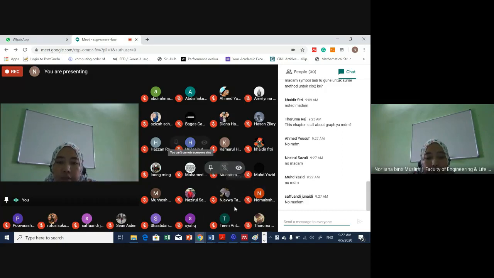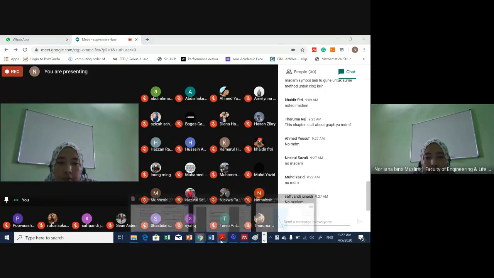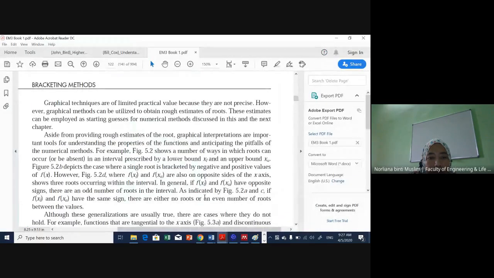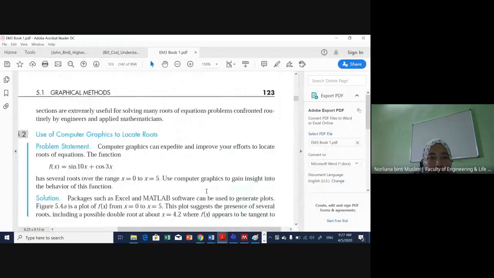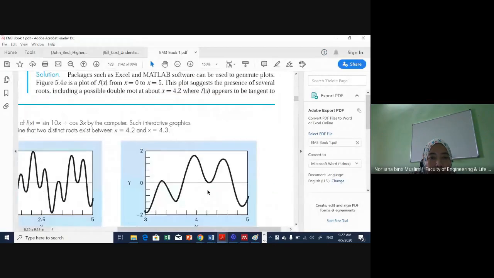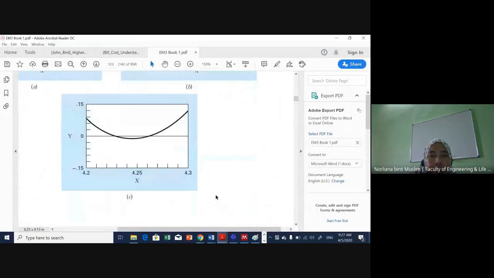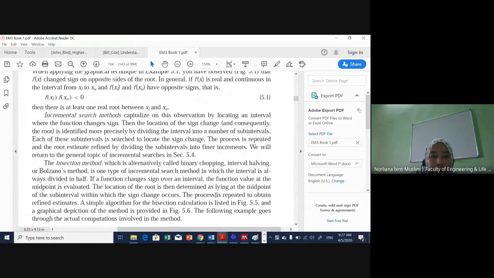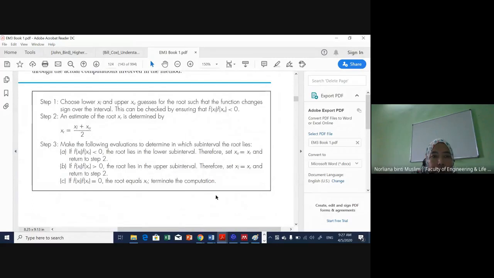Okay, so next we proceed to the bisection. Okay, so the bisection is on this page. So this is the step for the bisection.